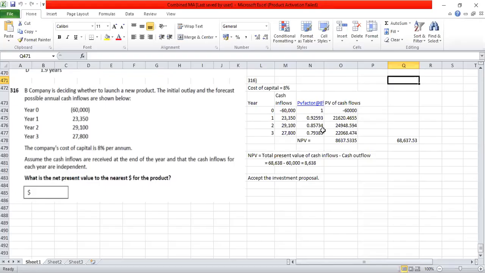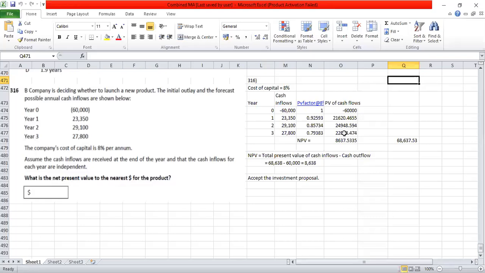NPV, it says that this particular question, it says the company's cost of capital is 8%. So at the rate of 8%, when the cash flows were discounted, then the present value of the cash flows was this much, and then we have proceeded further. So which means to say that all the future cash flows do not have the same value as they are projected.